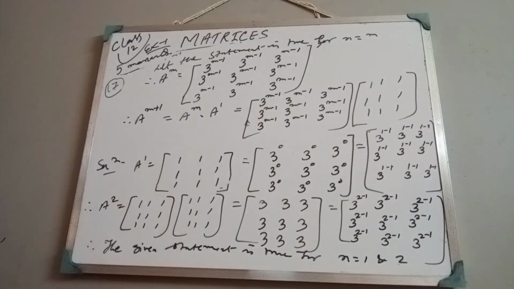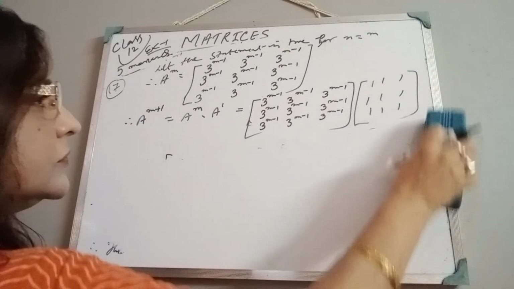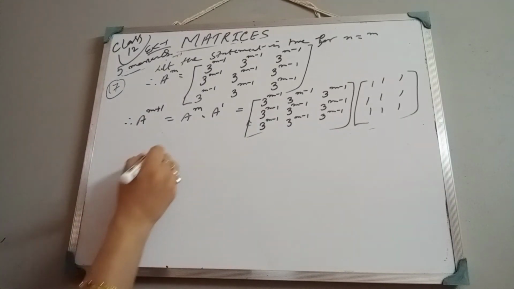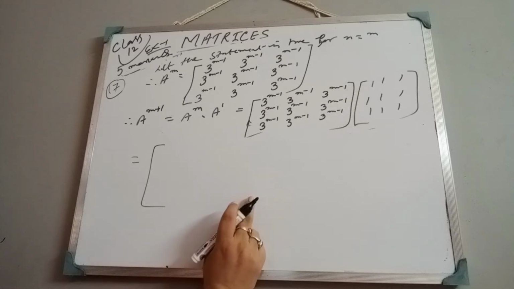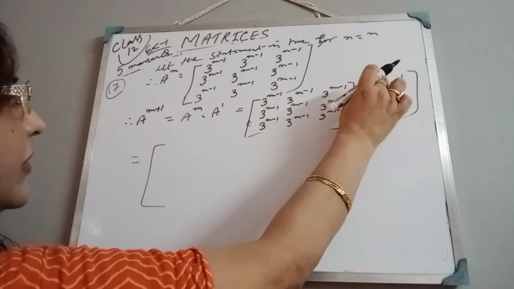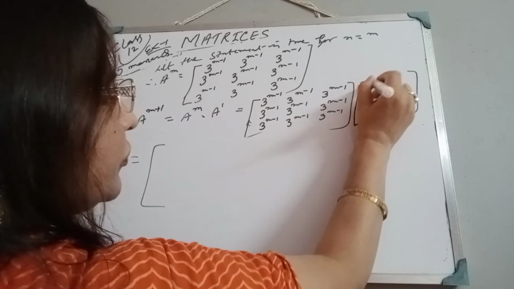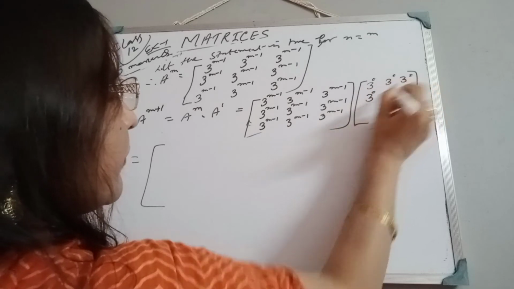So what multiplication will we get? First row into first column: 3 to the power m minus 1 into 1. Instead of 1, it is better to write 3 to the power 0, 3 to the power 0, 3 to the power 0. We will follow this.